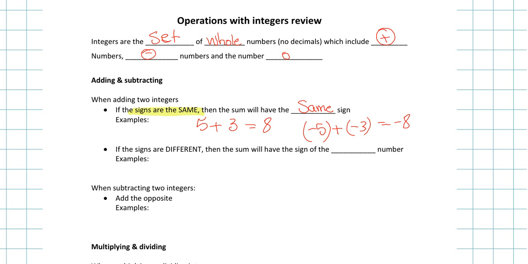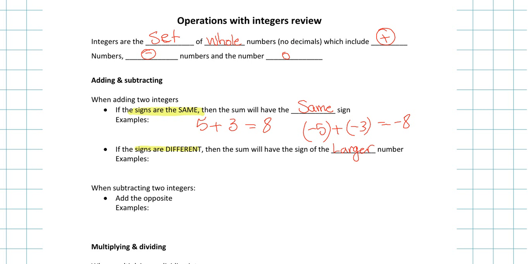Now, if I'm adding two integers that have different signs, then the sum will have the sign of the bigger number, or the larger number. Give me an example here.